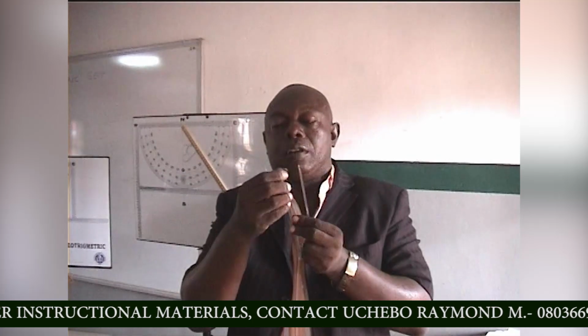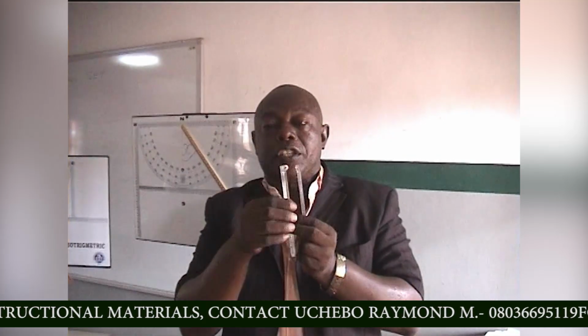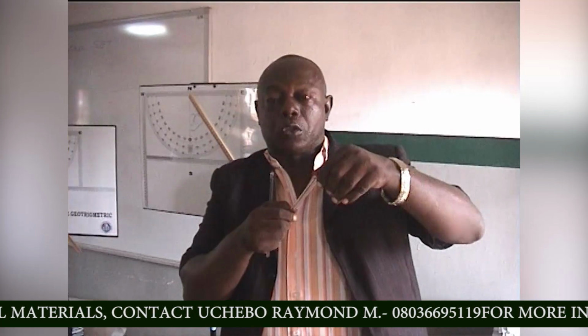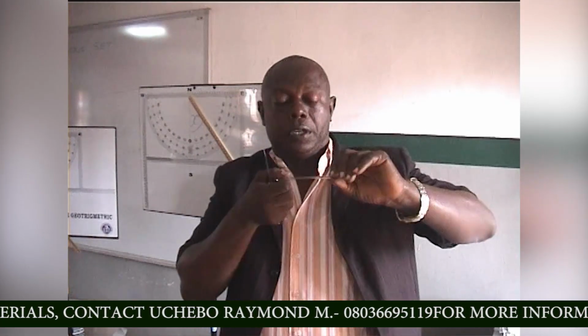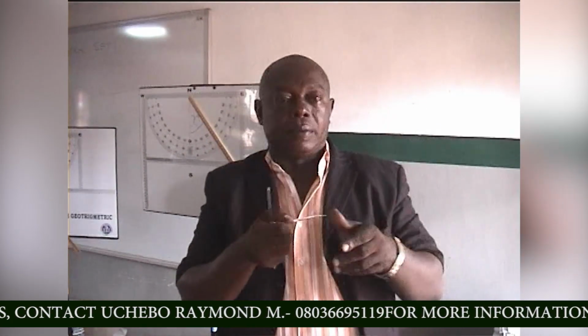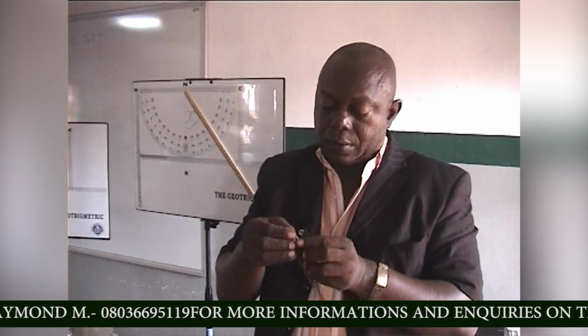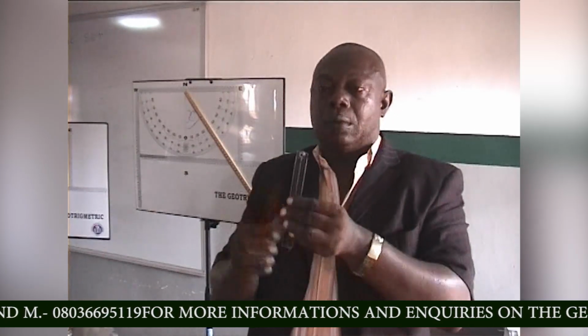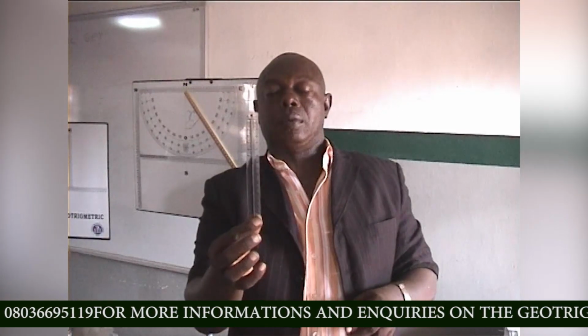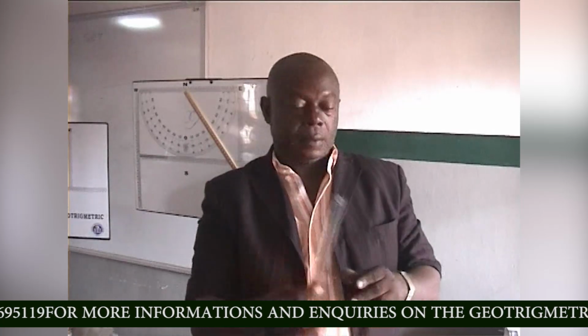This one with depression under is called ruler 6. This one with depression on top is called ruler 7. You put ruler 6 on top of ruler 7 and use your pin to put it together, and it forms a bigger ruler.